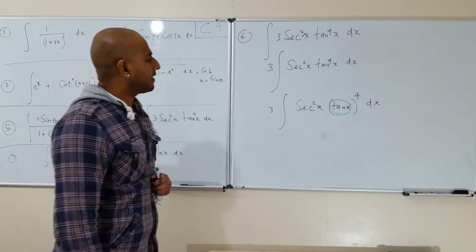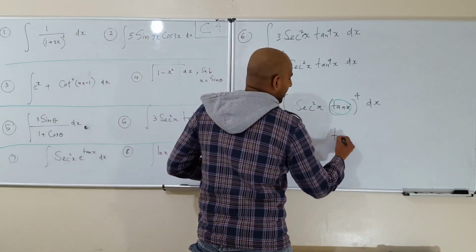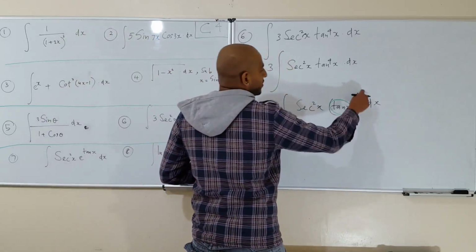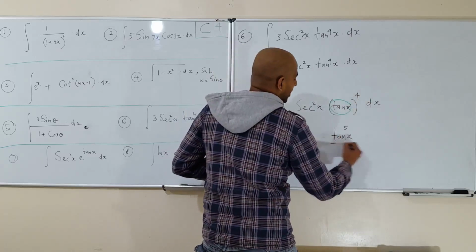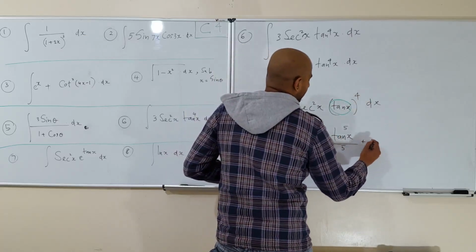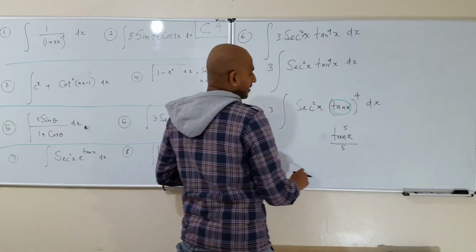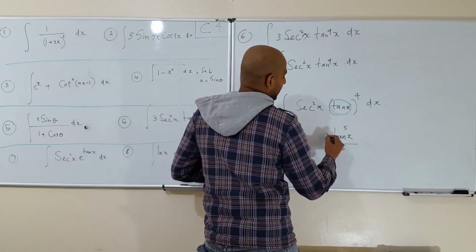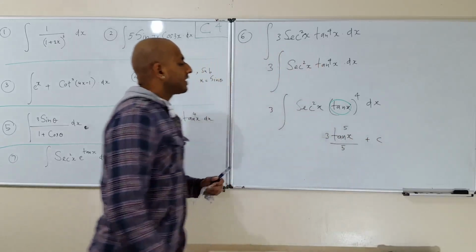The integral would be tan x, raise this power by 1, 5 divided by 5 plus c. Let's put c a bit later on because we have 3 here as well. So we can write 3 tan x to the power of 5 over 5 plus c. That's fine, basically. That's the answer.